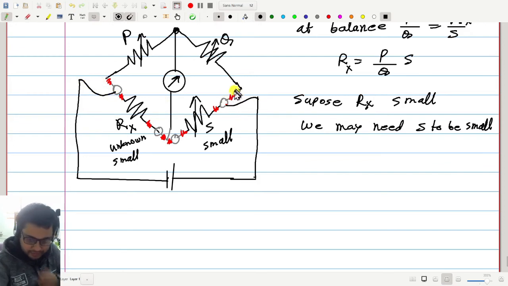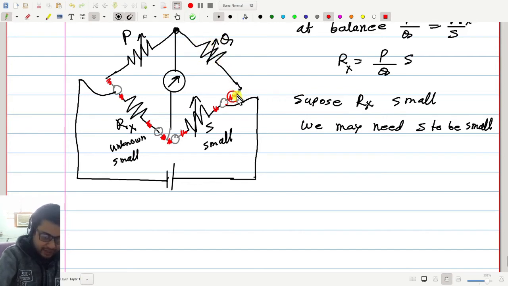Then one thing is nice, this little resistance is not going to create much problem because this is coming in series with Q, and Q is not a small value resistance, it's not a low value resistance.